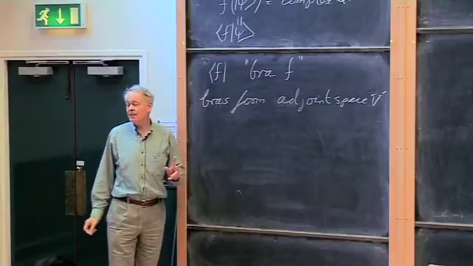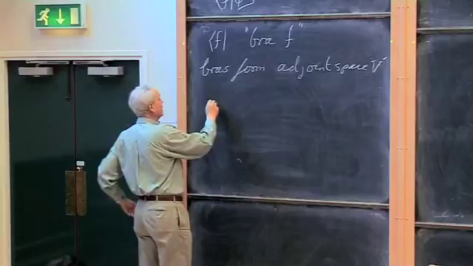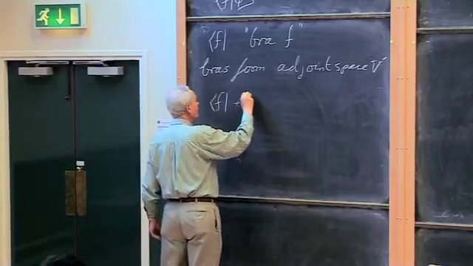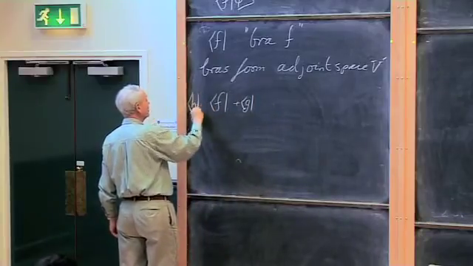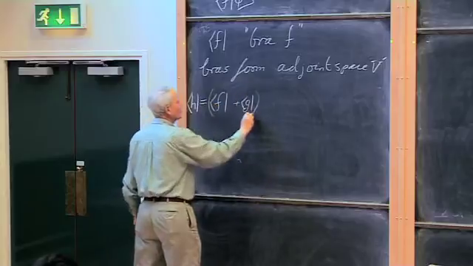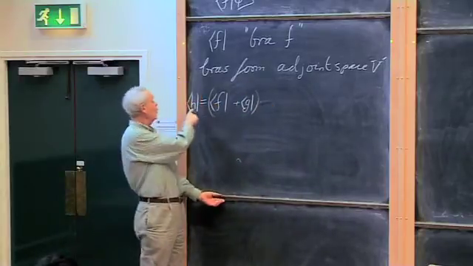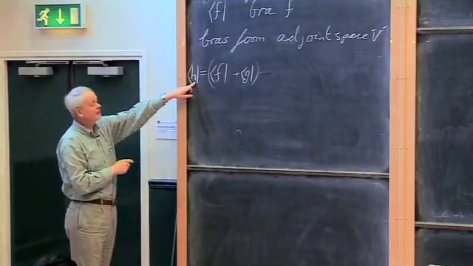Why do they form a vector space? Because I know what it is to add two bras. If you give me a bra F and a bra G, I can form a new bra. Let's call it H for originality. In order to give meaning to this, I need to know what H does to any state psi.